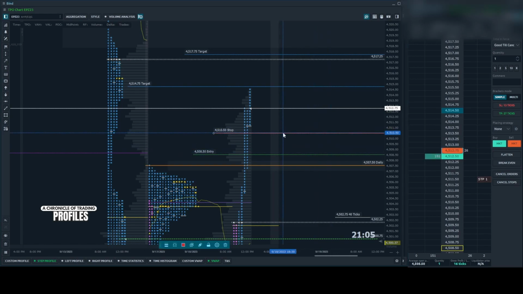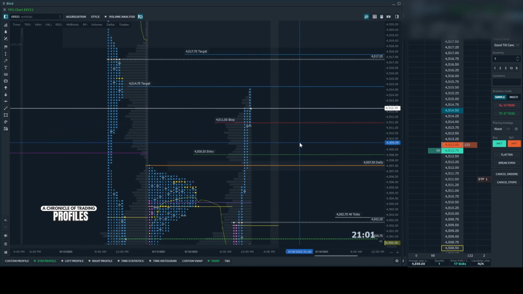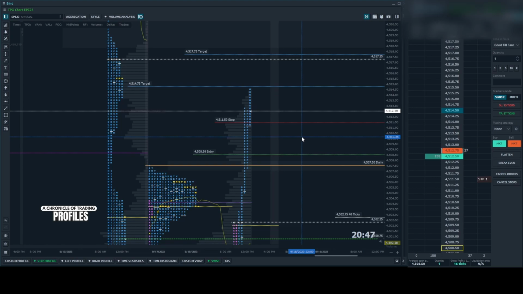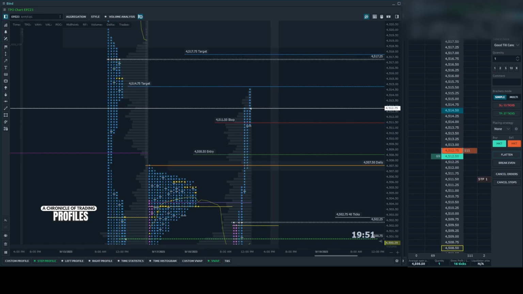Our stop's up here at 1150 now. Feel like it's just kind of losing its drive to move higher here.